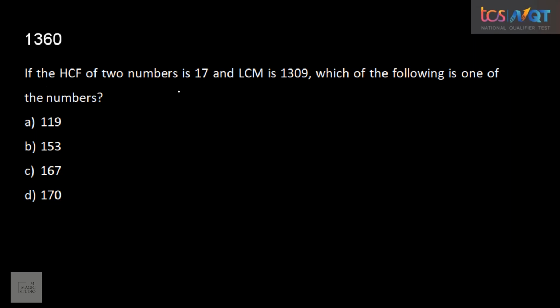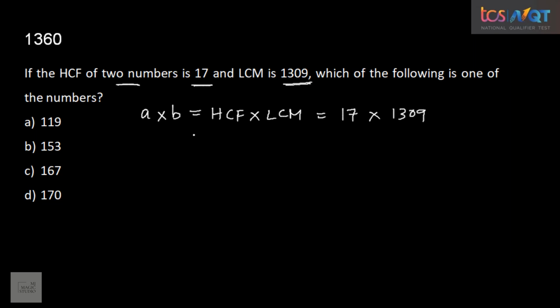If the HCF of two numbers is 17 and LCM is 1309, we know that in case of two numbers, suppose the two numbers are A and B, the product of two numbers is given by the product of HCF into LCM. So HCF is 17 and LCM is 1309. That means the product of the two numbers is 17 into 1309.